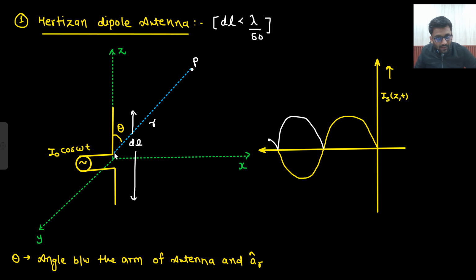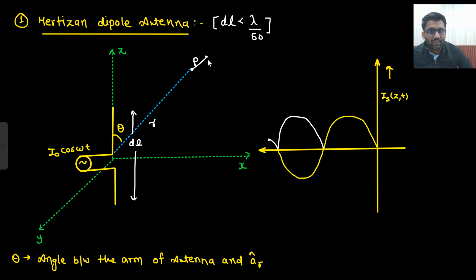This is your R, right? What is R? R is the distance from the antenna to the point P where we are finding all the parameters. Like we will find the magnetic vector potential, E field, H field, all these points. So from the antenna at distance R there is a point P. In which direction is the point P?